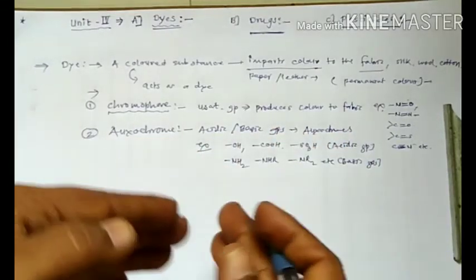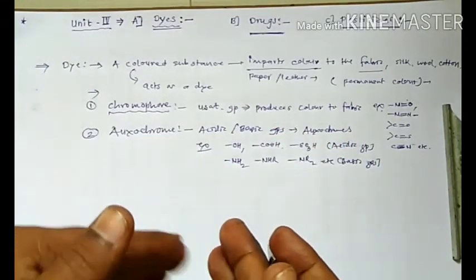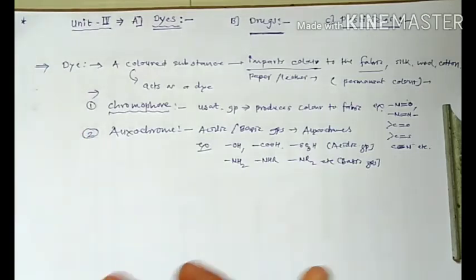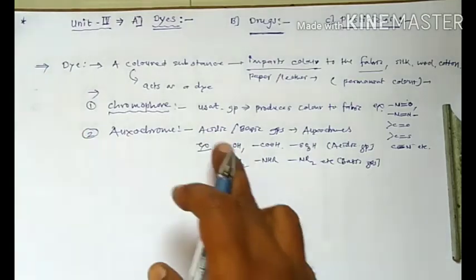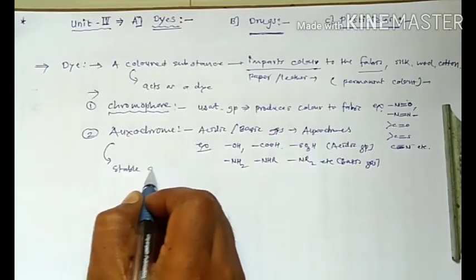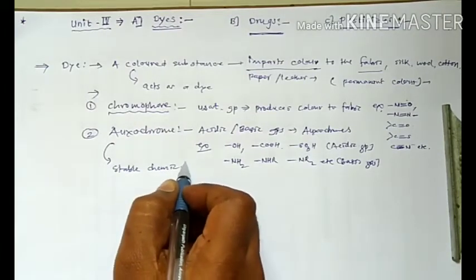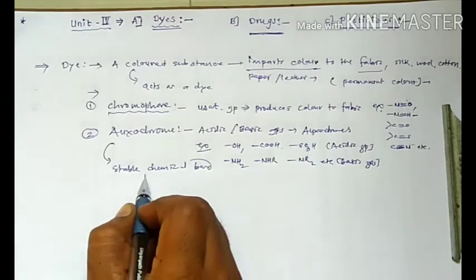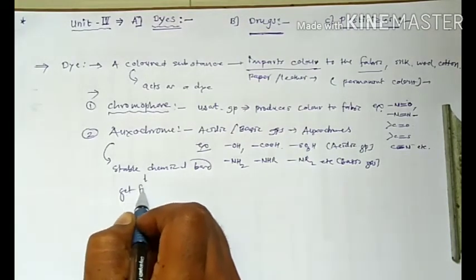So there must be some acidic and basic groups contained in a colored substance, which forms a stable chemical bond. This oxochrome forms a stable chemical bond with the fabric and gets fixed to the fabric.